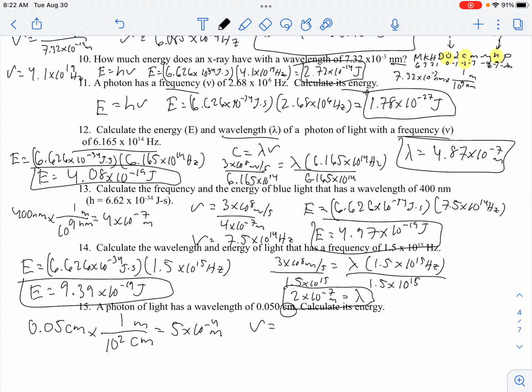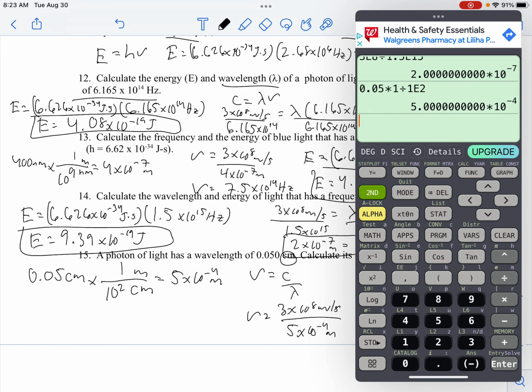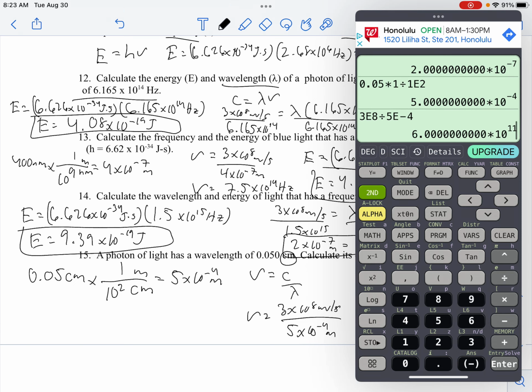And then to get the frequency, so use that guy. So 3 times 10 to the 8 meters per second over 5 times 10 to the negative 4 meters. That's my wavelength. 3e8 over 5e negative 4.